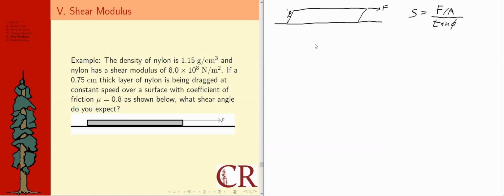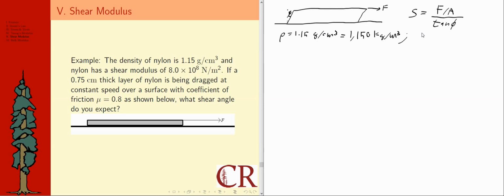But there are some issues that come up here, because if I look at the quantities that I'm given, a density for nylon equal to 1.15 grams per centimeter cubed, which you could work out yourself is equal to 1,150 kilograms per meter cubed, converting all that into base units.